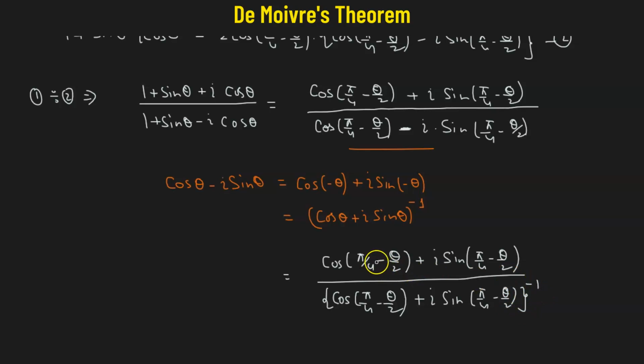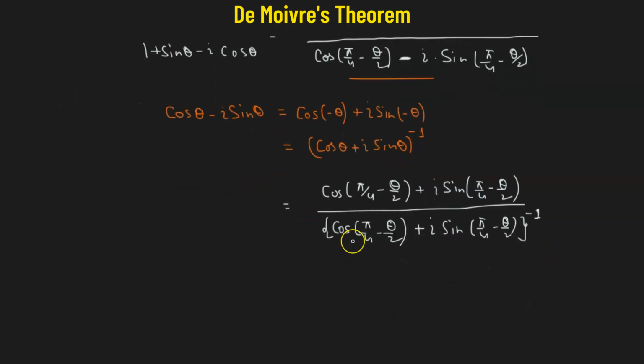Now here we can see that the expression in the numerator and the expression in the denominator are exactly the same except for the power. That means we can combine the denominator by taking it to the numerator and combining it with the expression in the numerator.